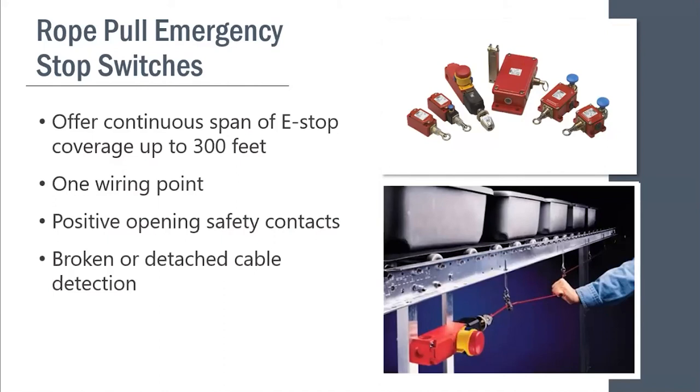The most current modern design is a three-way switch, so you're always under tension with the pull cord. So if the cord is either cut, it's going to shut off, or if you pull the cord, it's going to shut off. And modern ones typically have the reset right there at the home device. So those are some of the things we see with e-stops.